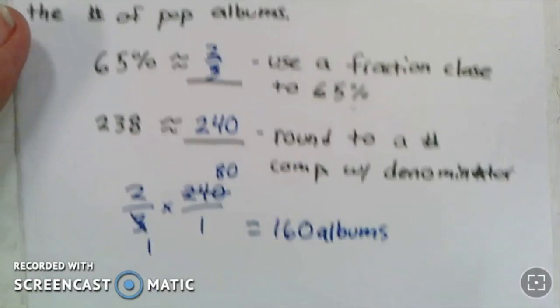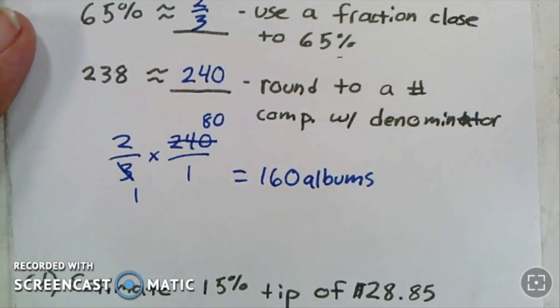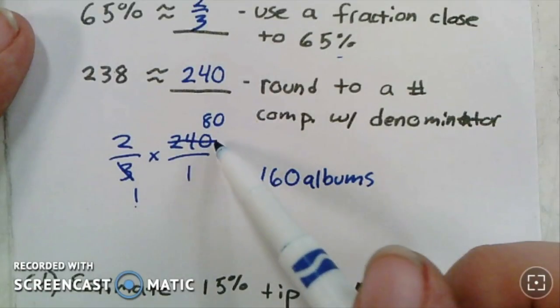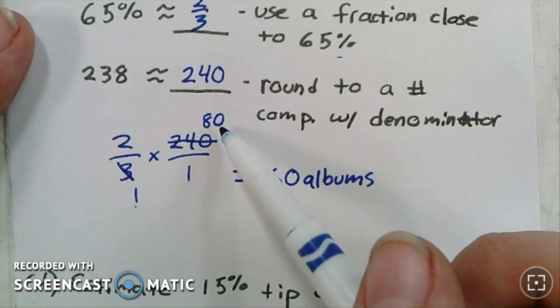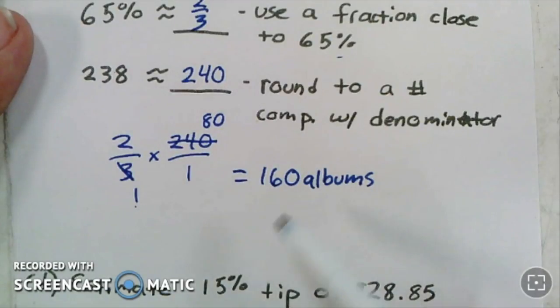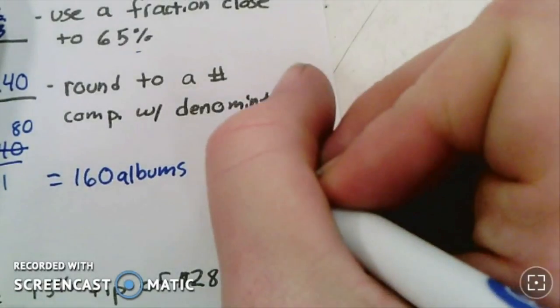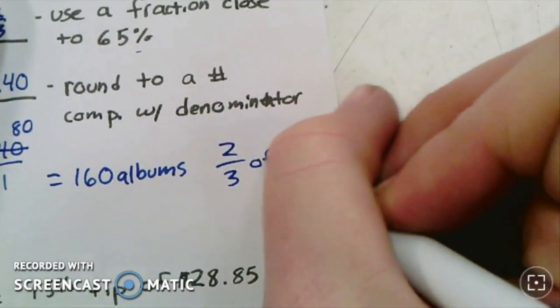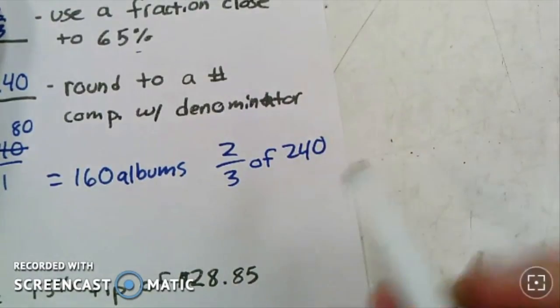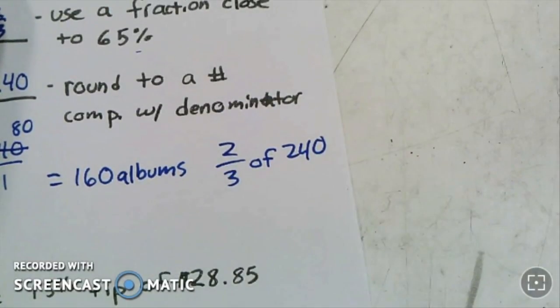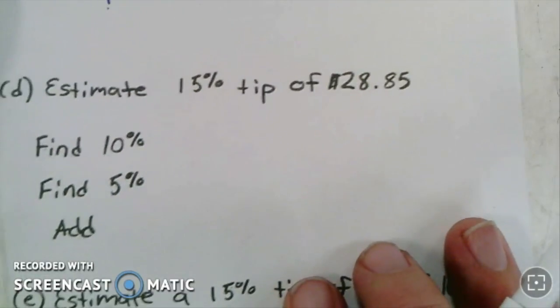So my last step is to multiply 2/3 times 240 over 1. I crossed out things that can go into both. So 3 goes into 3 once, and it goes into 240 80 times, and then I multiplied across to get 160. I also could have done, as you did in Saxon, what is 2/3 of 240? I would divide by 3 and multiply by 2, which is also 160.